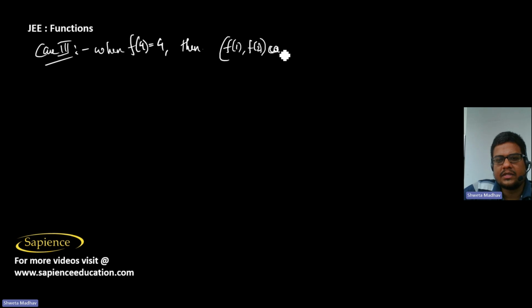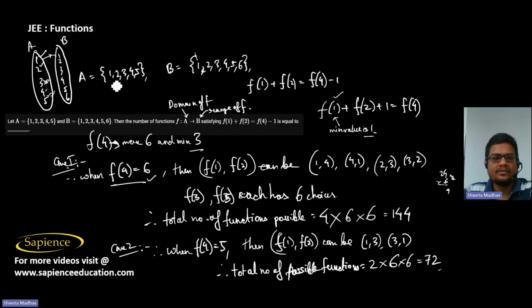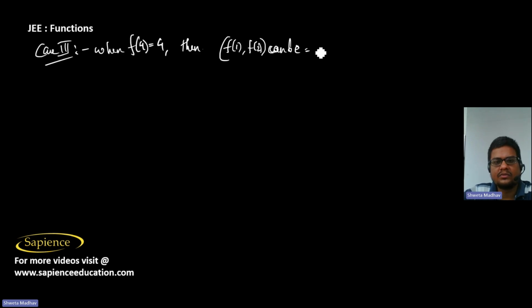here, when f of 4 is equal to 4, then f of 1 and f of 2, since their sum should be equal to 3, then if sum is 3, it should be 1 comma 2 or 2 comma 1.